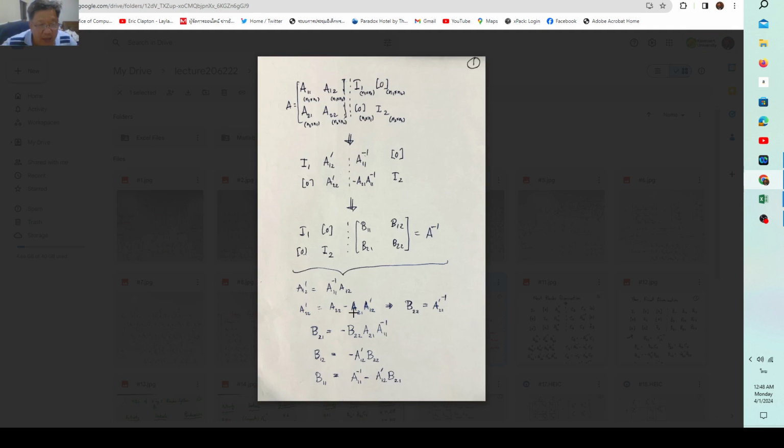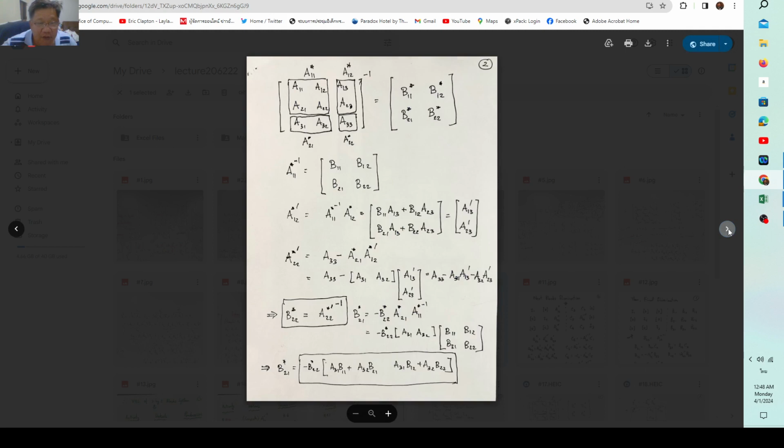Now we're going to apply this concept for the 3 by 3. So you can look at here. This is the way that we apply that. Suppose you have a 3 by 3 system over here. We're going to integrate some part of 3 by 3 and make it a 2 by 2. Like this one, we integrate A11, A12, A21, A22 all together, and we call this submatrix A11 star.